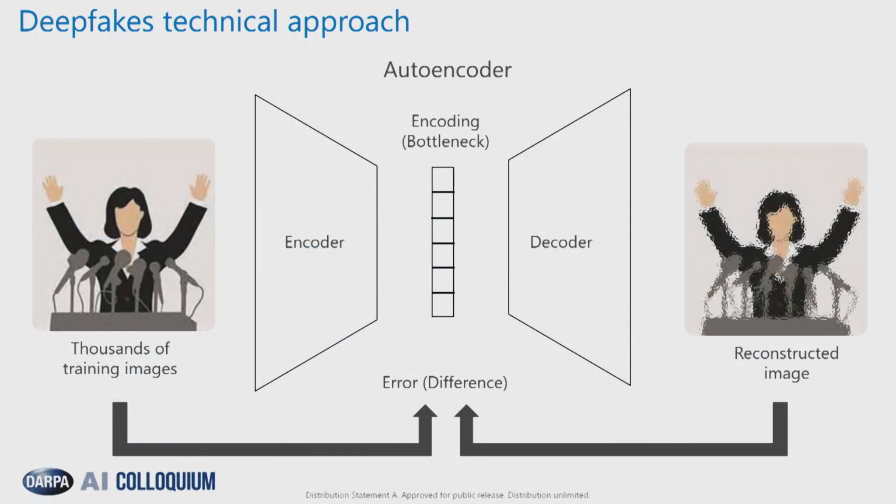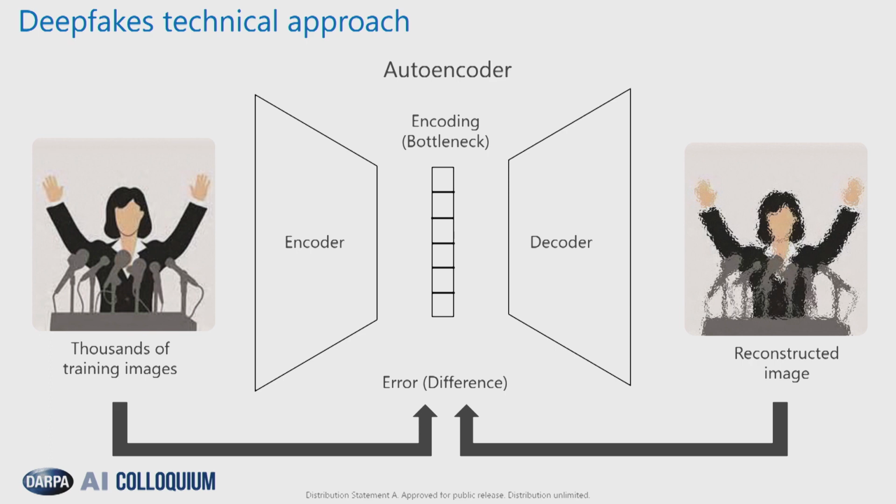So what's the technical approach that's driving the deepfakes community? One of the popular approaches uses a machine learning technique known as autoencoders, which have three key parts. The first is the encoder, the second is the encoding or the bottleneck, and the third is the decoder. It's the job of the encoder to take the high-dimensional input image and compress it down into a semantically meaningful representation in the encoding.